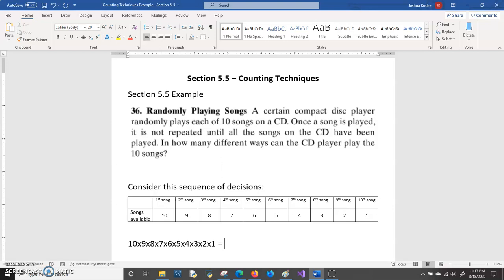And it will come out to 3,628,800 different ways of playing the 10 songs.